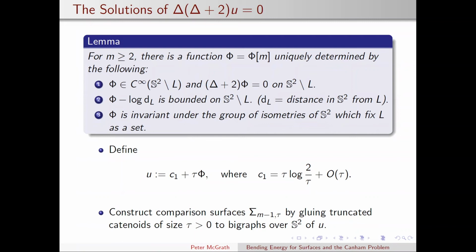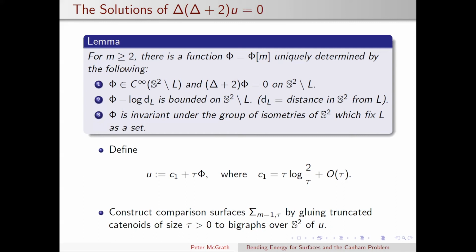I can then construct smooth surfaces that have genus g, where m is g plus 1, and then have these very, very small catenoidal bridges. And then by making the tau very small, I can have surfaces that come closer and closer to two spheres. So the real question is, does this work?